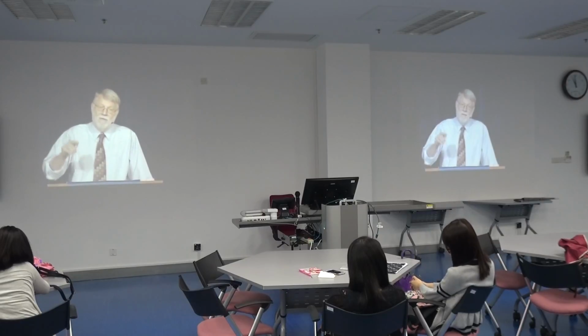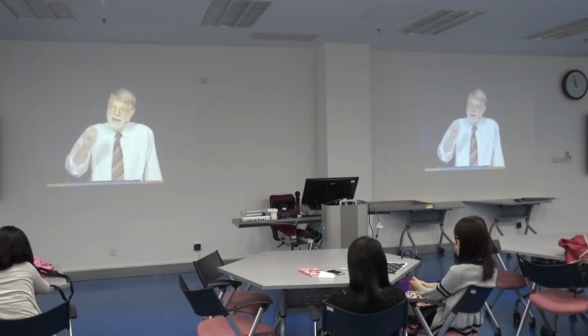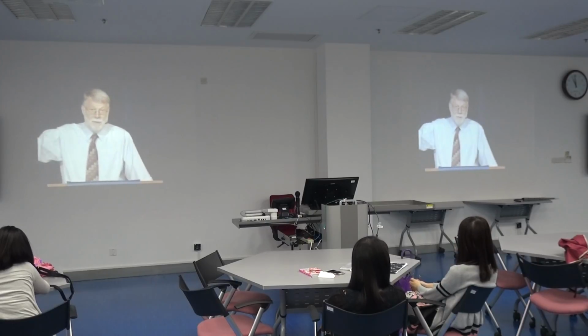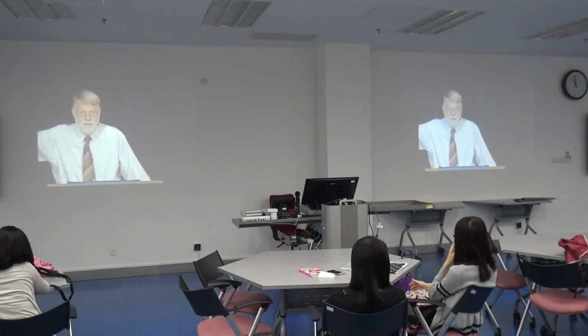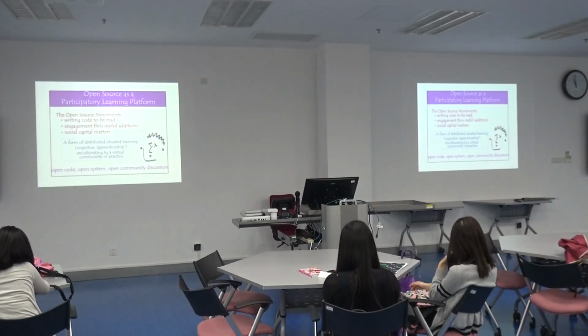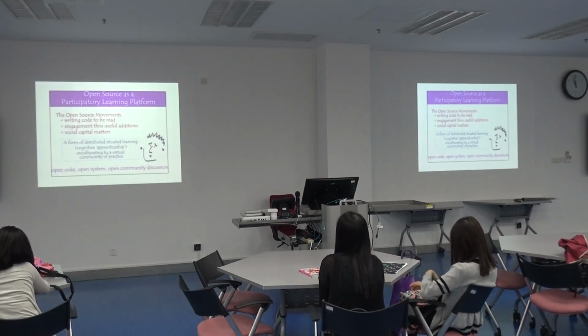You have to write code for others so that they learn and they have a chance to improve, because that's the form of legitimate peripheral participation. They can start in the periphery and they can tinker with your code and make it better. And by the way, this is a community where social capital matters a great deal.